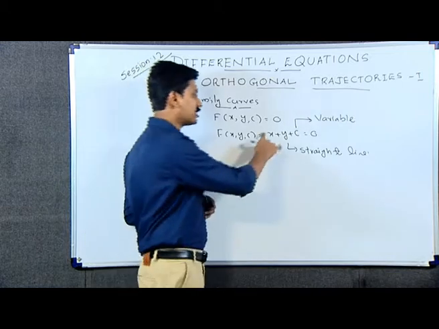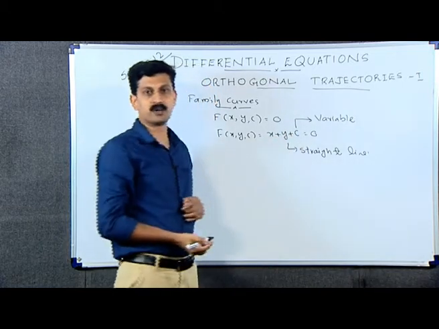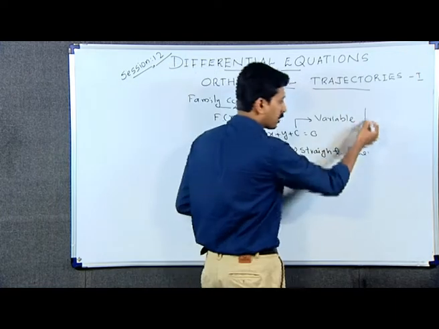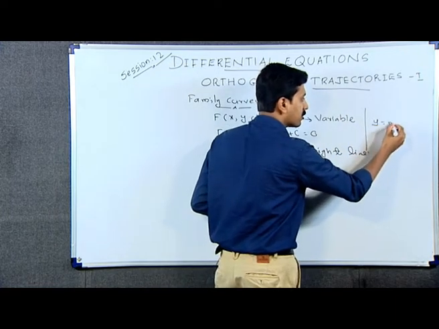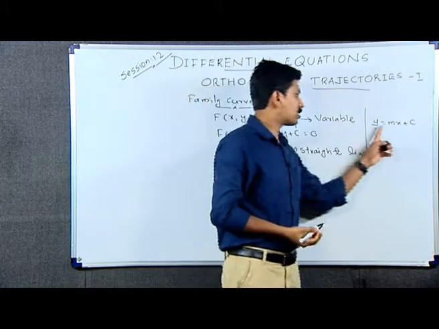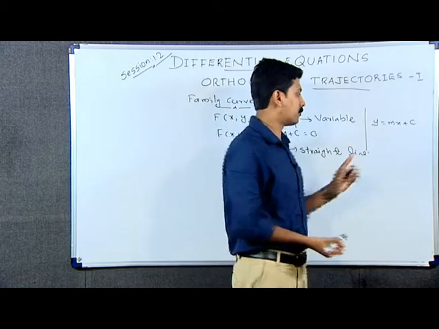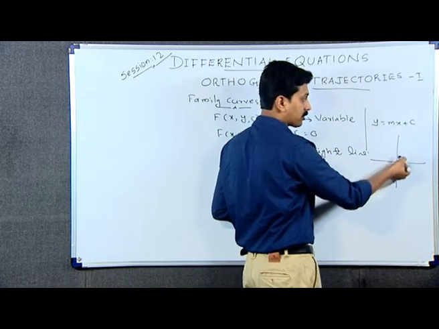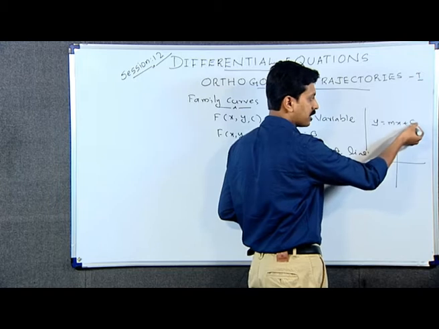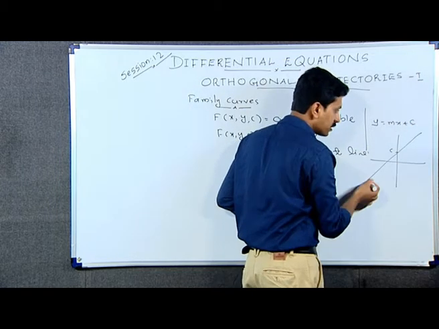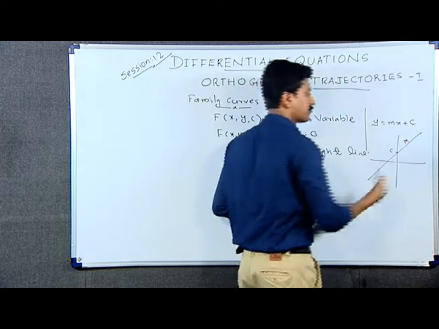In this case, we can say that these are a family of straight lines. We know that the general equation of a line is y equal to mx plus c, which crosses the y axis at the point c as the y intercept, with slope m.